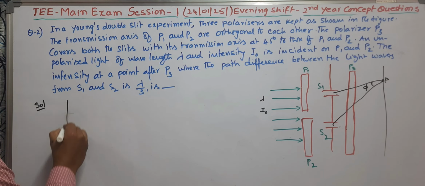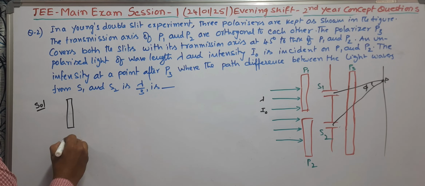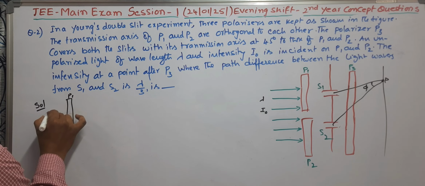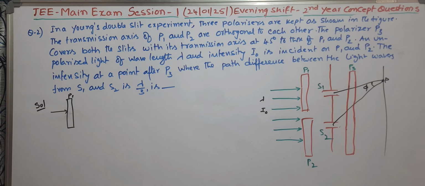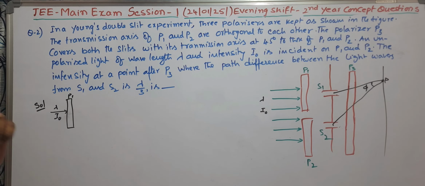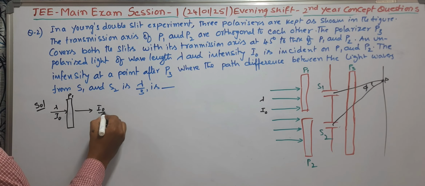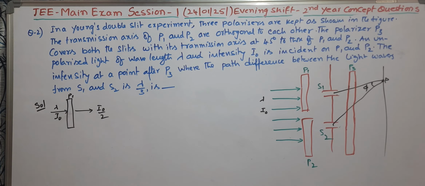This is the first slit. This is the first polarizer P1, where light of wavelength lambda and intensity I naught is incident. The transmitted light intensity equals half, that means I naught by 2.